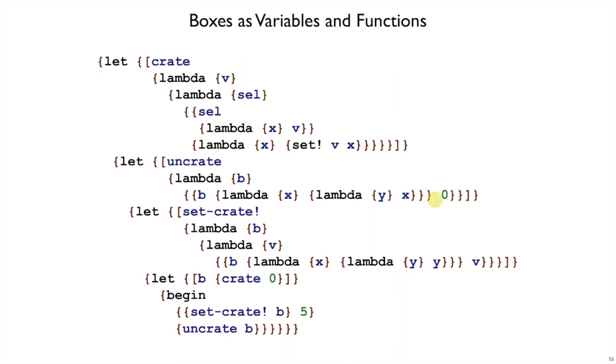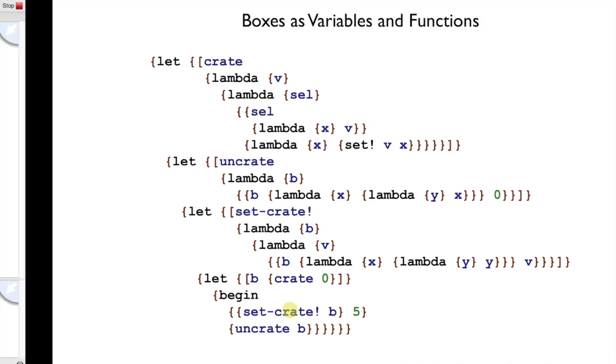Uncrate is, it turns out, pulling that out and has to pass a dummy argument in. SetCrate is pulling it out and passing the new argument v. And here at the end we have that box-like program just before. The only trick is we have to call setCrate with one argument and then another argument, since we only have single argument functions. We'll talk more about that pattern as well. But you can believe that this is a box-like pattern implemented without boxes even in the curly language.